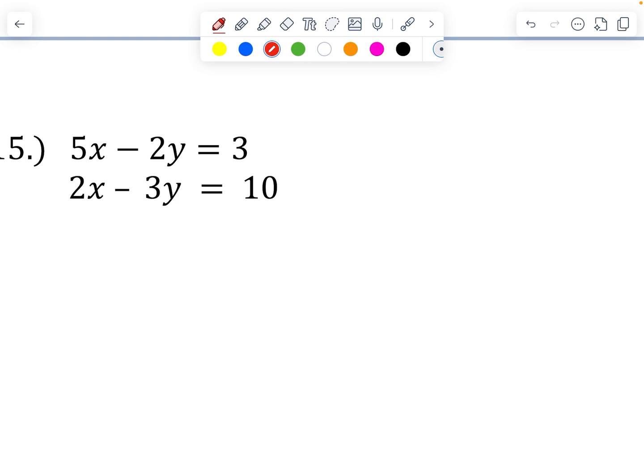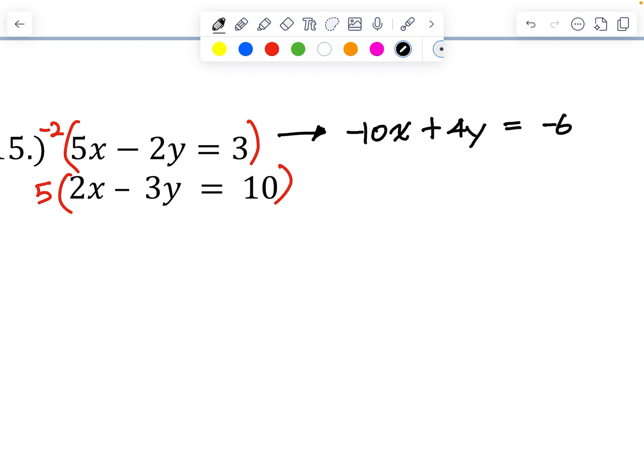Okay, redoing it. Or maybe this is no solution. Let me just redo it one more time. So multiply everything by -2, and multiply everything by positive 5. Here, -10x plus 4y equals -6.